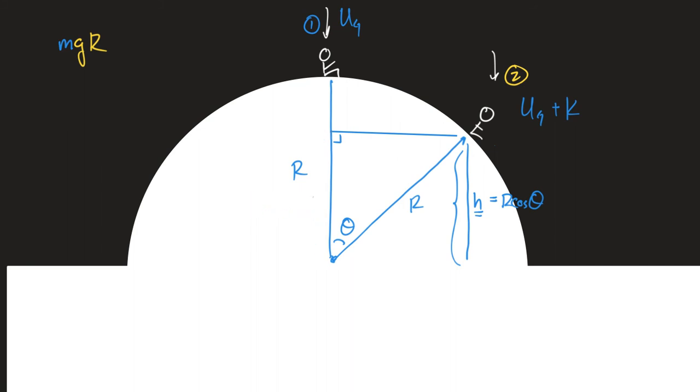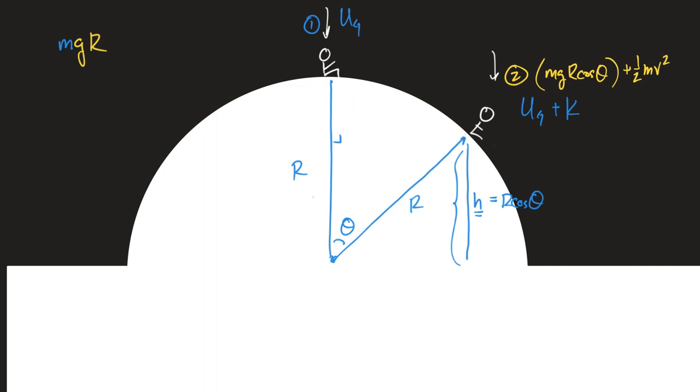Get all this out of the way because I don't need it. All right. So now their gravitational potential energy has got to be mgr cosine theta. And they have kinetic energy equal to just 1/2 mv squared.